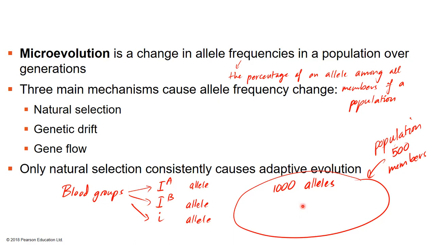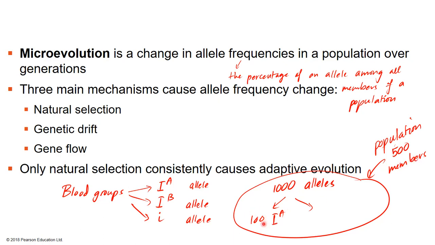And here, of the 1,000 alleles, maybe we have, let's say, 90 or maybe 100 IA alleles. Okay, we don't care where these alleles are, or in which members.